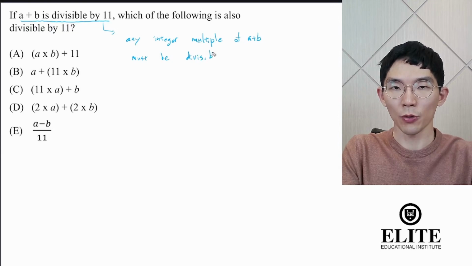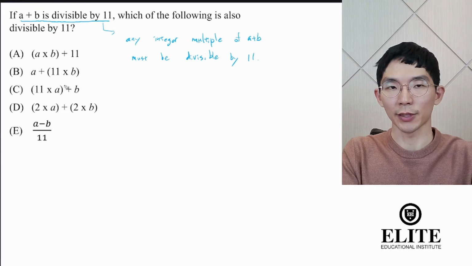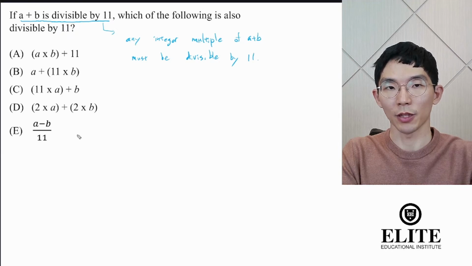So all we really need to do is find which of these answer choices is necessarily an integer multiple of A plus B.